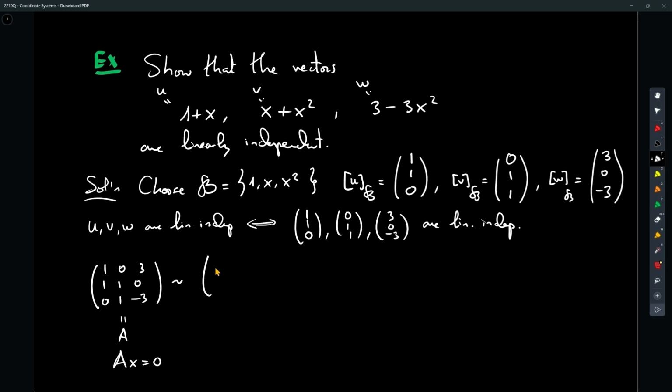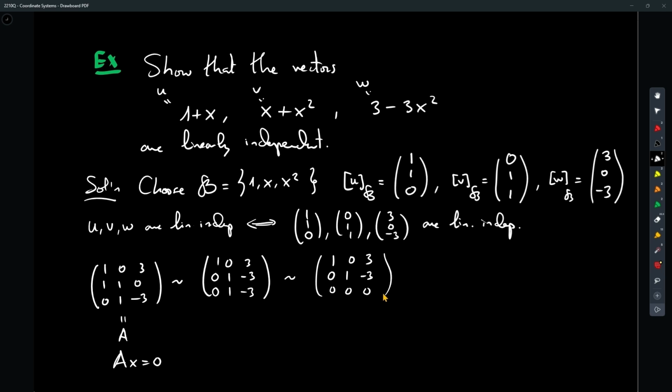So if I row reduce, I get 1, 0, 3, 0, 1, minus 3, 0, 0, 0. And that is actually already in row reduced form.